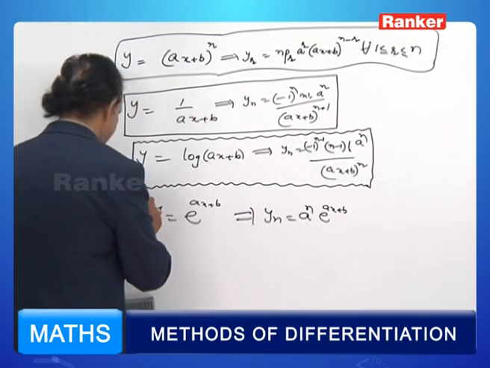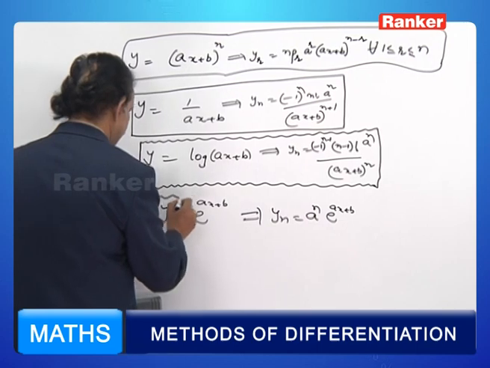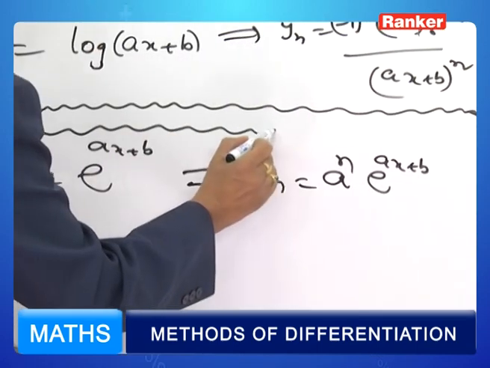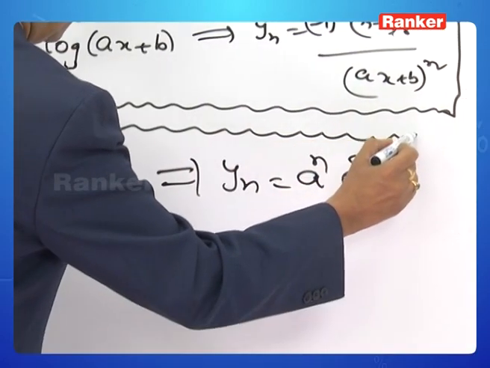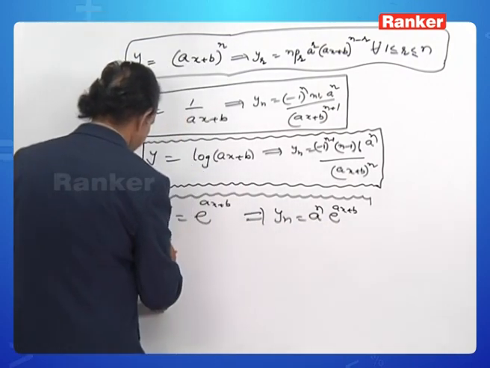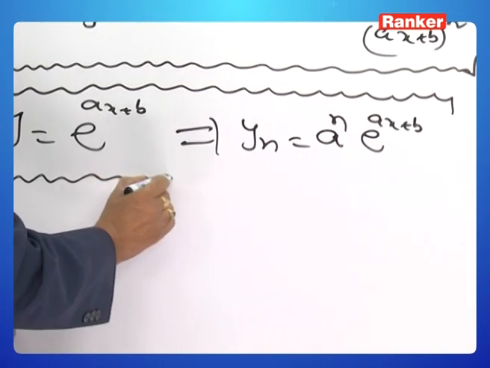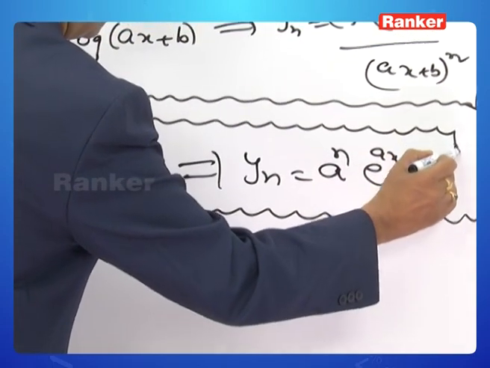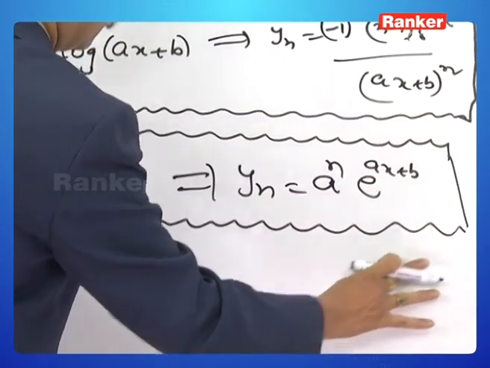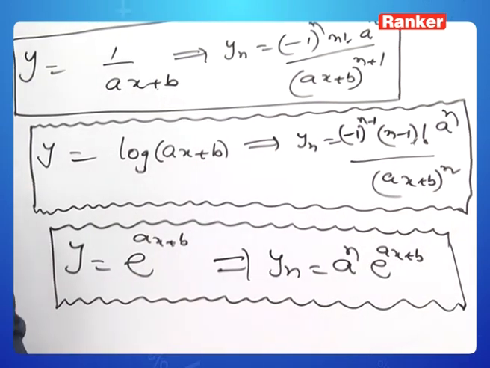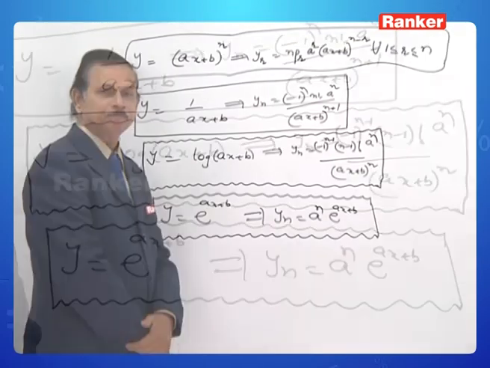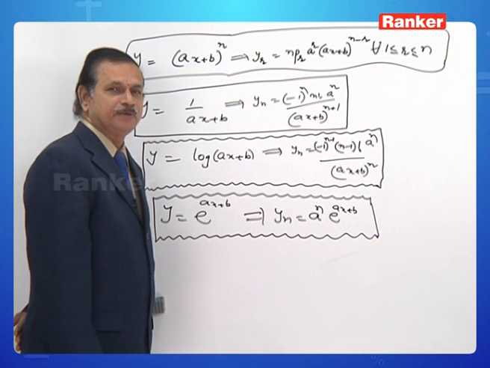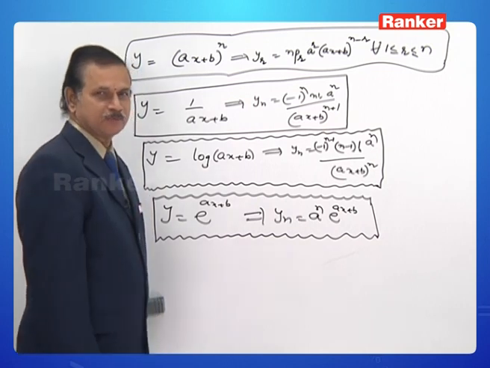This is the next one. Yes, of course. What is y1? e power (ax plus b) into a. y2? e power (ax plus b) into a square. y3? e power (ax plus b) into a cube.